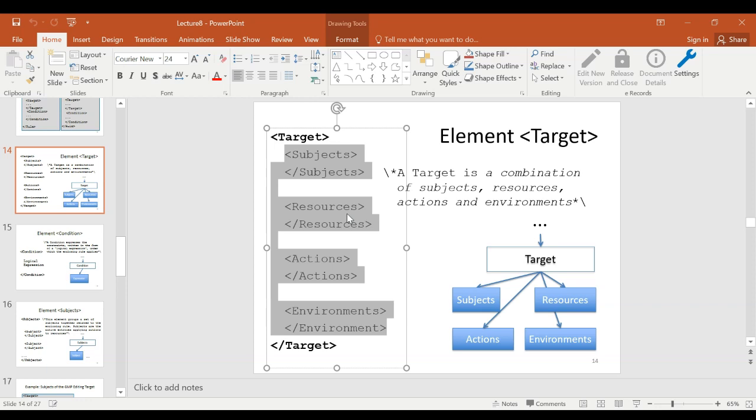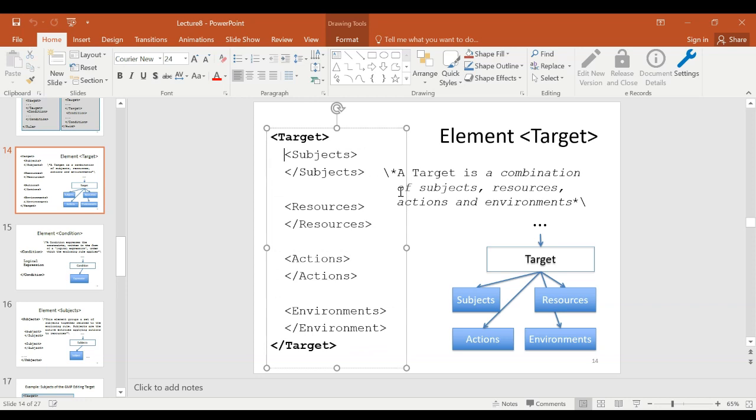Remember, we said there were three very important things that an access control policy or model is built on: the subjects, the objects, and the permissions. These are precisely mapped here. You have the subjects element, the resources element, and the actions element, and these map precisely to the subjects, objects, and permissions that we talked about last time.